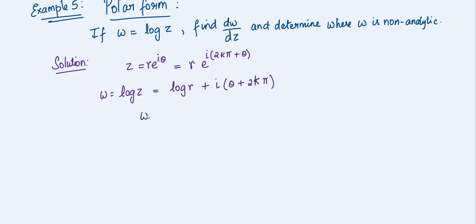Now w is log r plus i times theta plus 2k pi. Now we will check this. This is u and this is v.